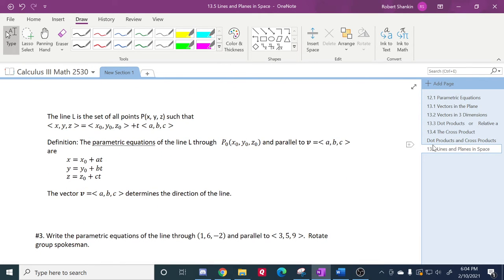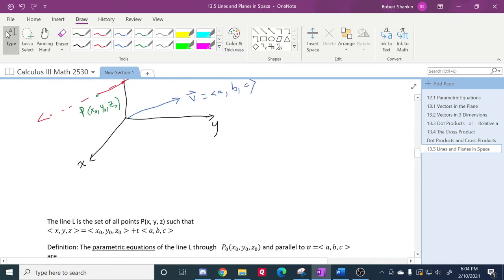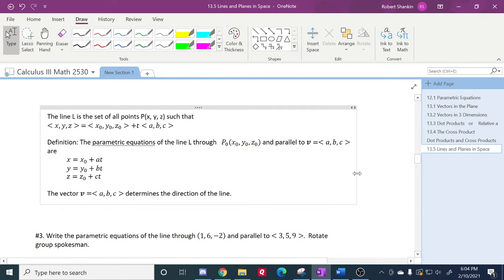The parametric equations of the line L through P, parallel to V, are as follows. We can have this top one. We can say x, y, z is x0 plus, now it's this point plus all multiples, where t is the multiplier, of the vector ABC.